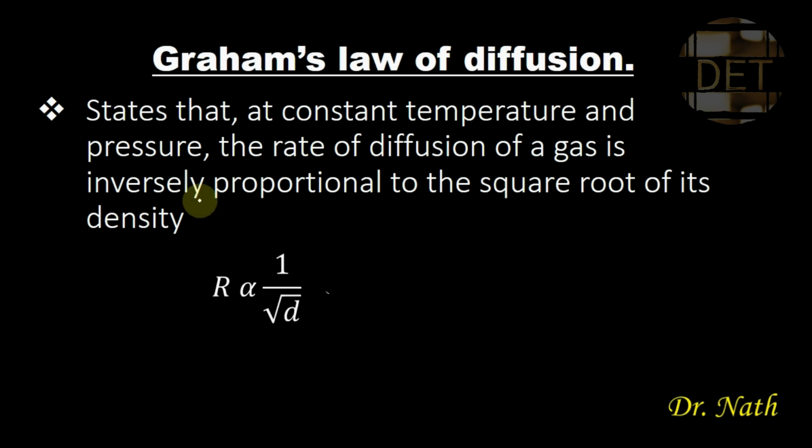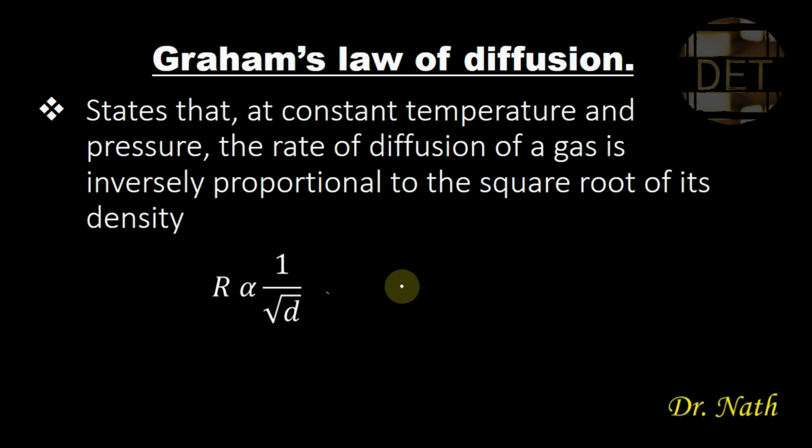Again, Graham's law of diffusion states that at constant temperature and pressure, the rate of diffusion of a gas is inversely proportional to the square root of its density. In order for us to remove this sign of proportionality, we bring in a constant.